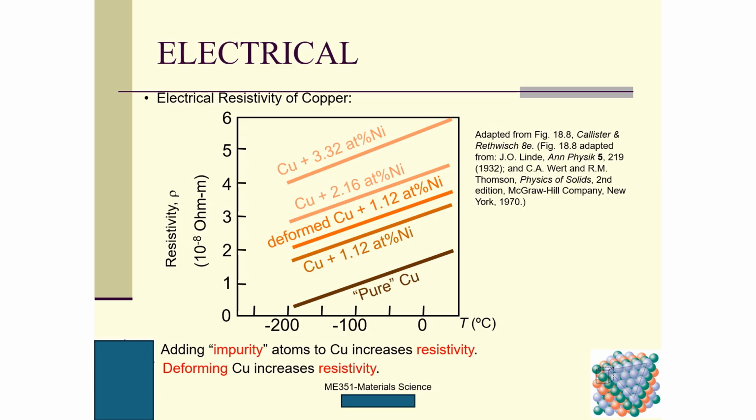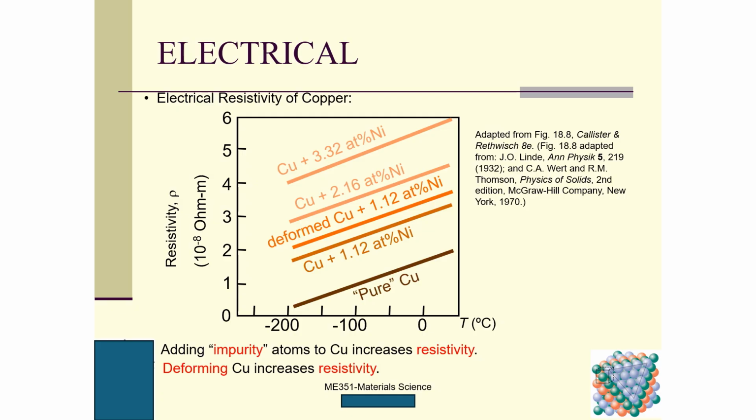This is for the pure copper, and we have this straight line here. And for this copper with 3.32 atom percent of nickel, we have this straight line. These straight lines are totally different in terms of electrical resistivity.